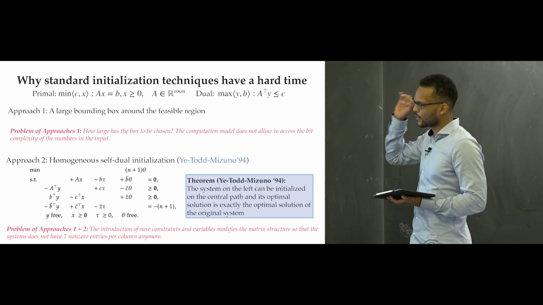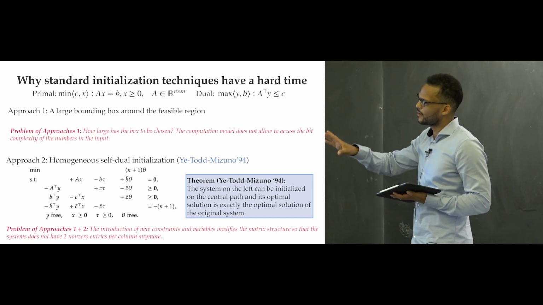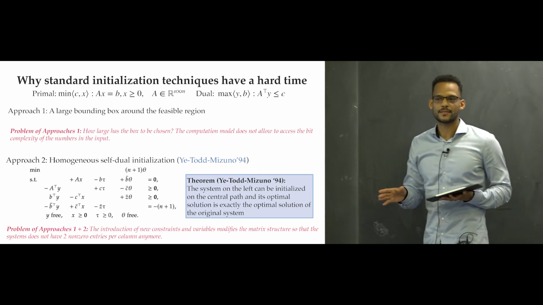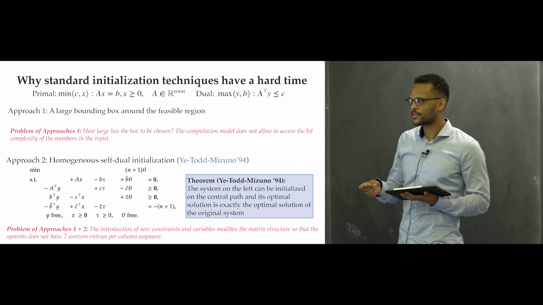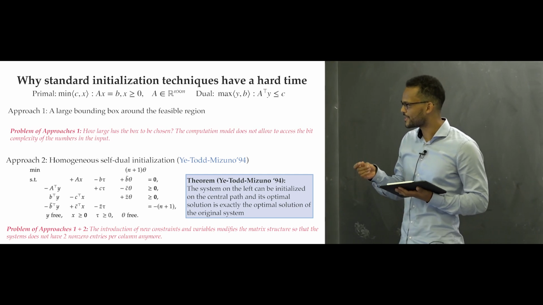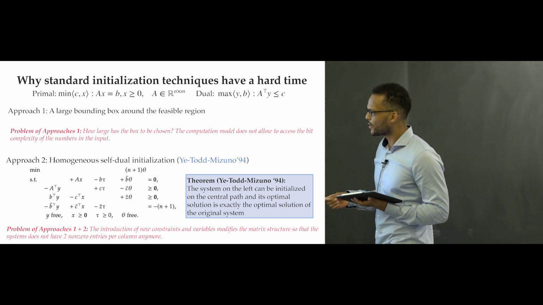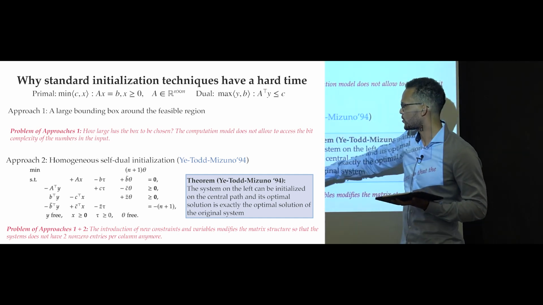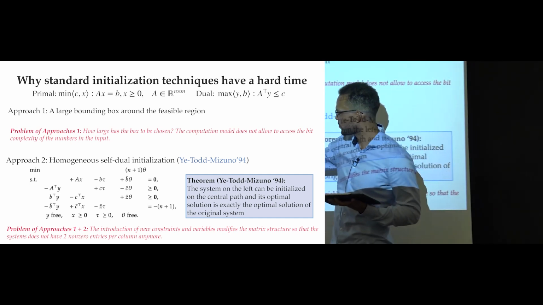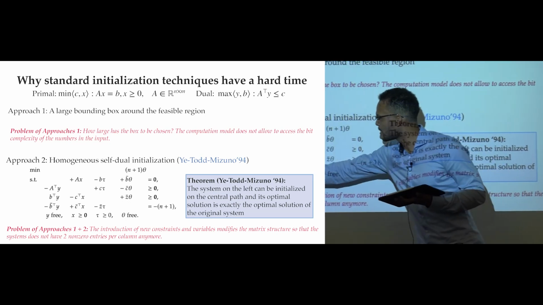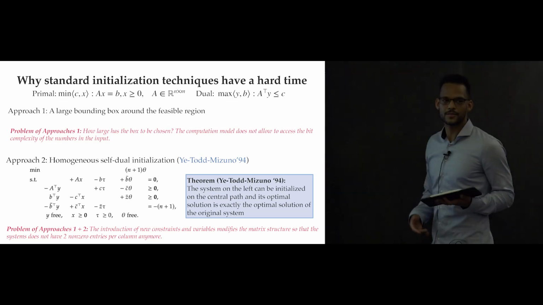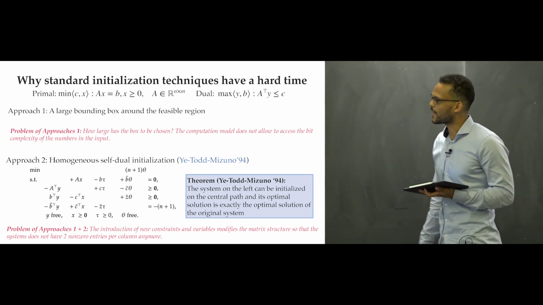However, if you use that, then your matrix structure gets destroyed. Our analysis worked for a system of 2 non-zero entries per column or row. If you do this system here, your objective function essentially becomes a constraint, and you end up with inequalities that are dense. So you can't really apply that.